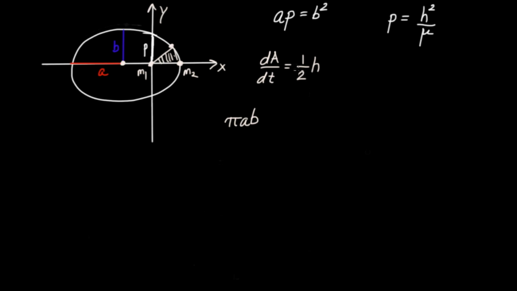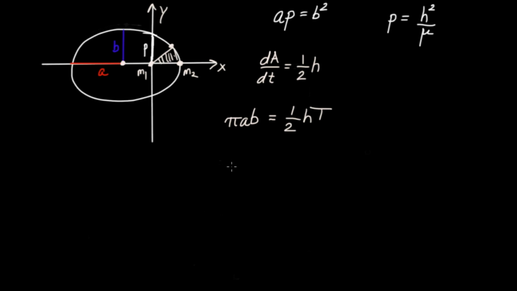The formula we get from Kepler's second law, since this is equal to a constant, namely 1/2 h, if I multiply this constant by the period, which I'm going to call big T, I get another expression for the total amount of area. So the total amount of area swept out over one period is going to be 1/2 h times big T. And big T is going to be that orbital period.